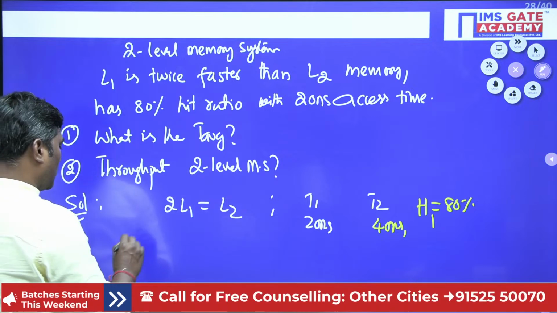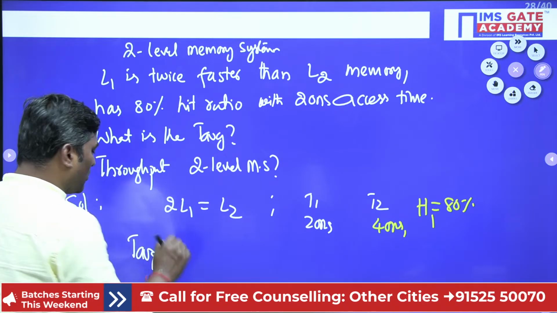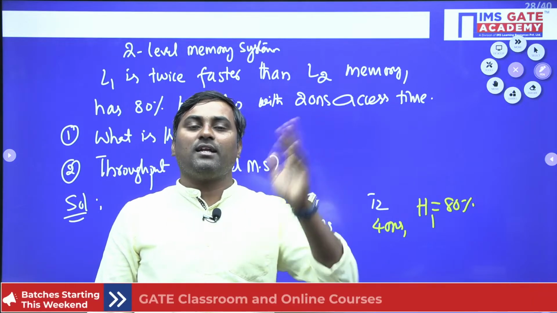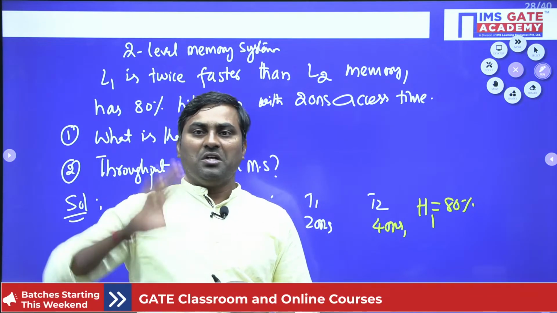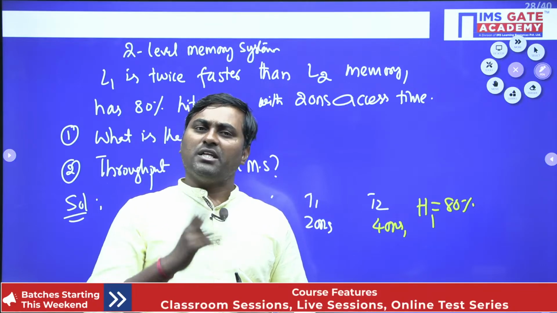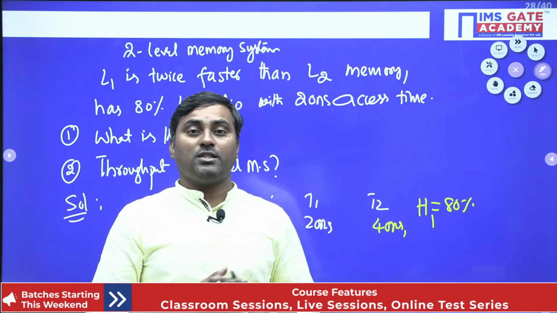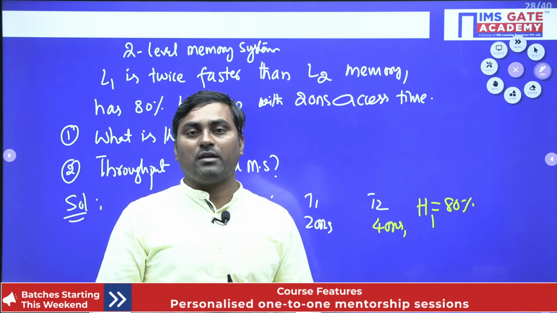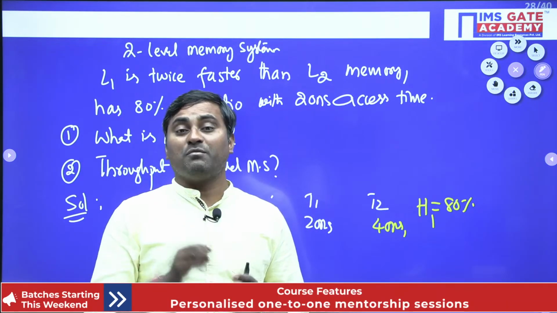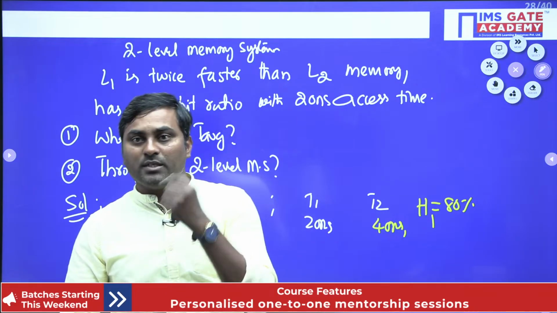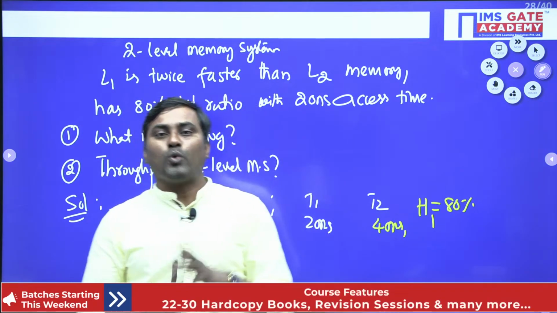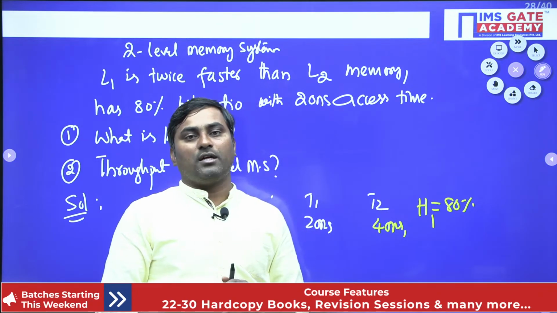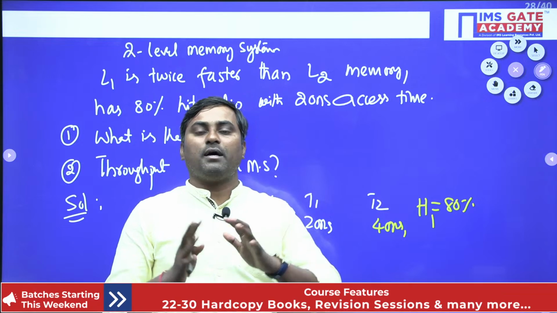Now you have to substitute in the expression for T average access time. Now the question comes: sir, should I follow the parallel connection or serial, level by level connection? In the question they did not mention anything. By default, parallel connection is considered, because that is faster, right? If nothing is mentioned, go with parallel.